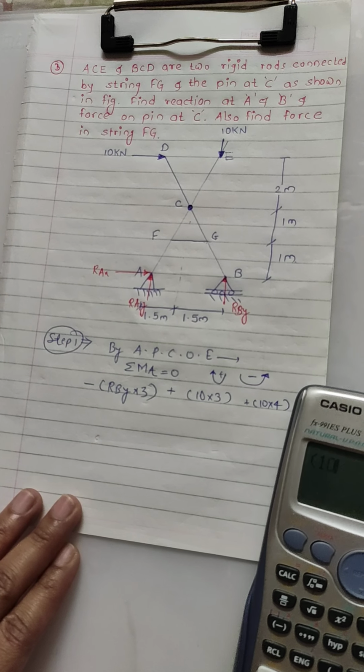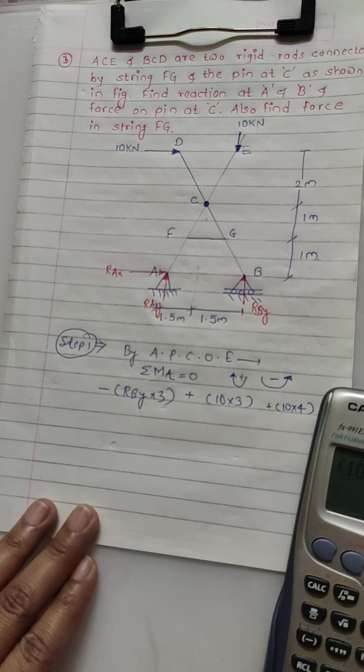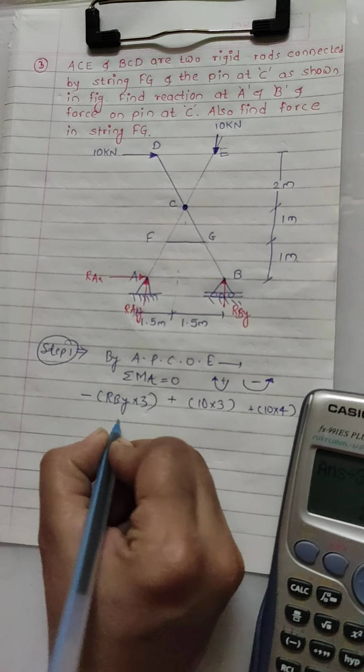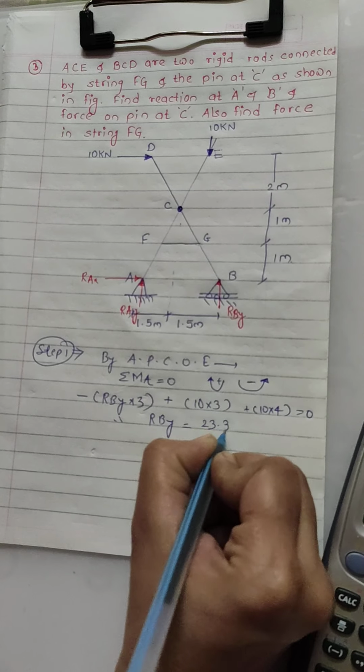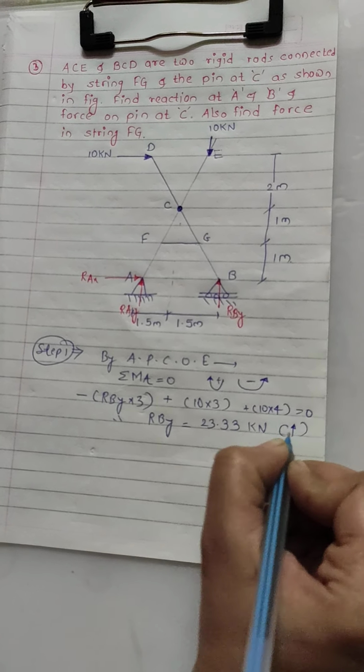So in the first step we will get the value of RBY. Therefore the value of RBY is 23.33. Answer is plus, means my assumption is correct. It is acting in upward direction.